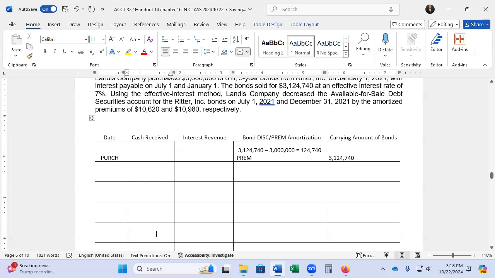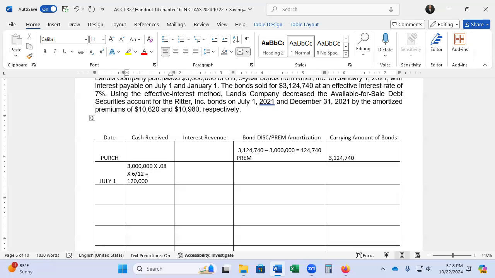So it tells us though that the bonds purchased have an 8% rate and they pay twice a year. So on July 1, we take the 3 million face value of the bonds, we multiply that times the interest rate, and then times the time, 6 out of 12 months. And we end up with payment of $120,000 every 6 months. So January 1 would also be $120,000.